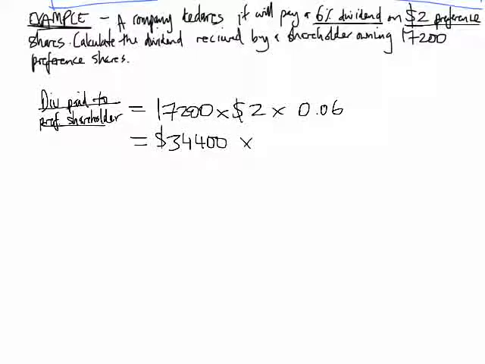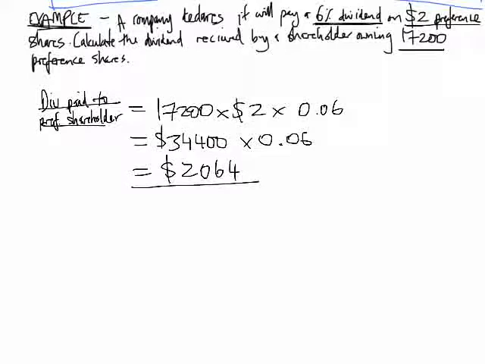Do not do that. 0.06 is the percentage as a decimal, and then 34,400 times by 0.06 is 2,064. So this preference shareholder with 17,200 preference shares that have a par value of $2 and getting a 6% dividend will get a dividend of $2,064.